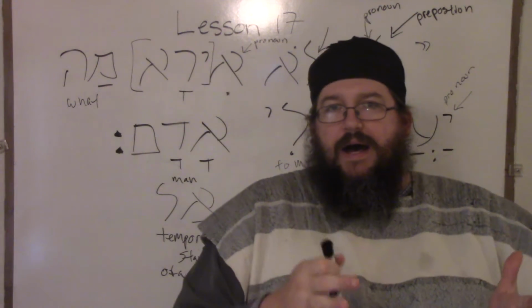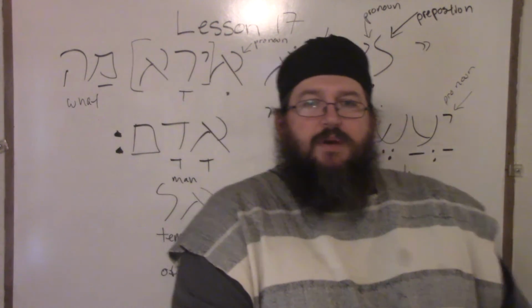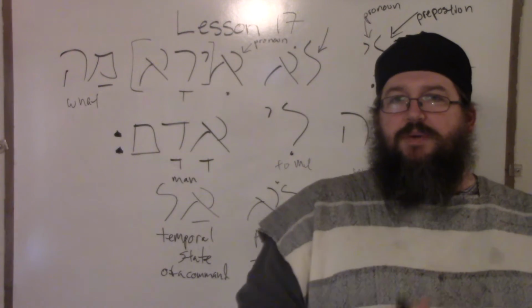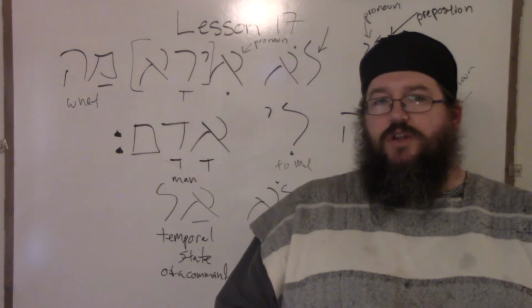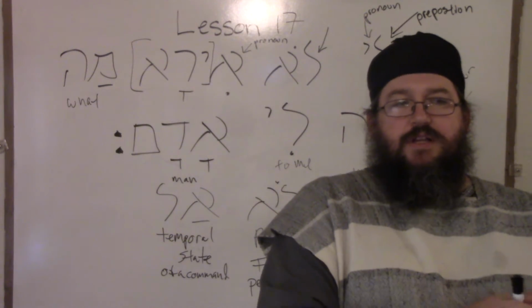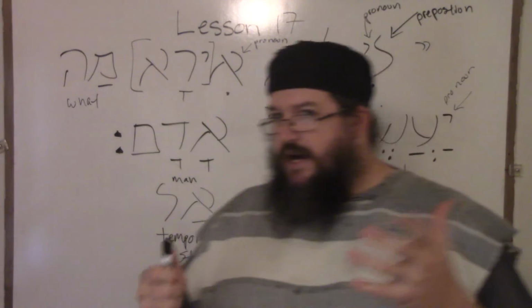For example, Am means people. But what's the context of Am? It means a group of people who have a close inner connection to one another socially, economically, as well as belief-wise. That's an Am.